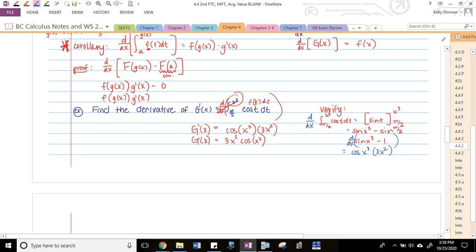And the derivative of the constant 1 is 0. So I get the same answer that I had here. But rather than doing all this fun antiderivative work, I can just get right to the bottom line and get right to the answer using that second fundamental theorem. You don't have to verify or prove it on the AP test. You can use the second fundamental theorem and write the 2 steps that I did here.